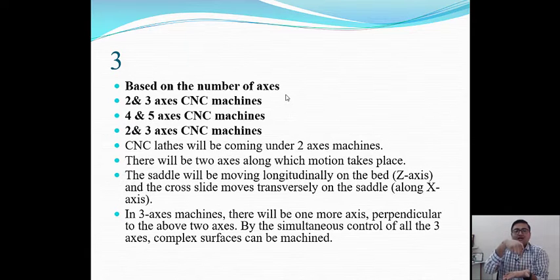Suppose we want to drill a hole into the workpiece, then Z direction movement will be given. And if we want to remove some material on the workpiece, then X and Y direction movement will be given. So that is the basic purpose of the X, Y and Z directions in a CNC machine.